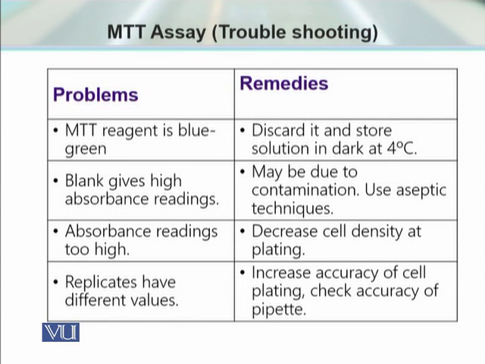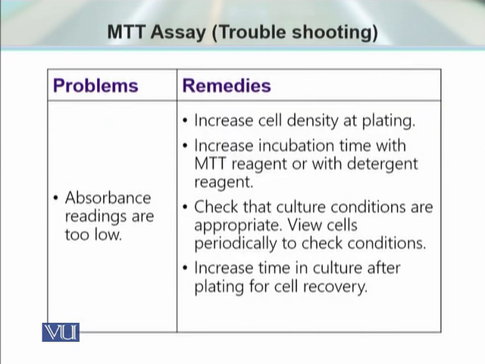The calibration needs to be done. So we need to check the accuracy of the plating, that how good you are in plating, to ensure the equal volume should go in each well, so that the replicates should give more or less similar values.